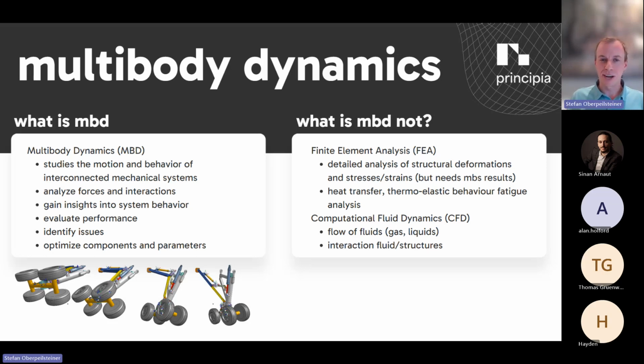Analyze forces and interactions means that for solving these equations, it is necessary to also solve all the forces acting between these interconnected bodies. So as a byproduct of your, say, animation or motion analysis, you get all the ingredients that are necessary for analyzing things between those bodies.